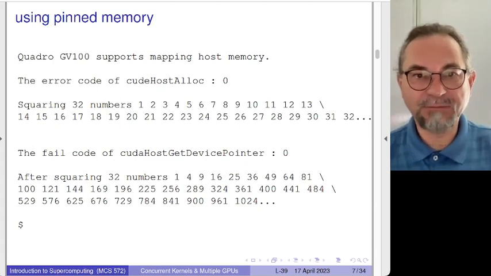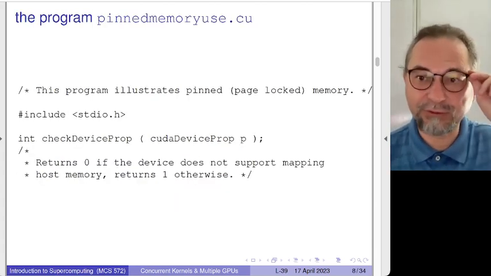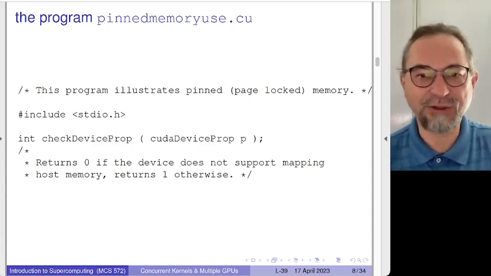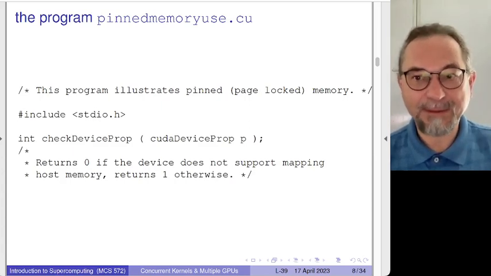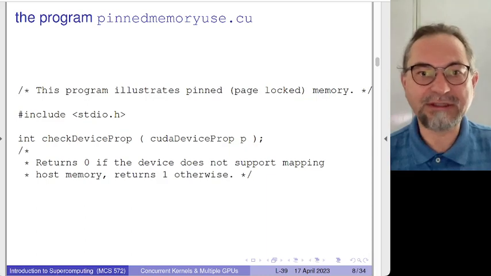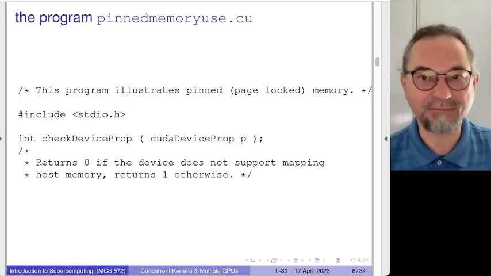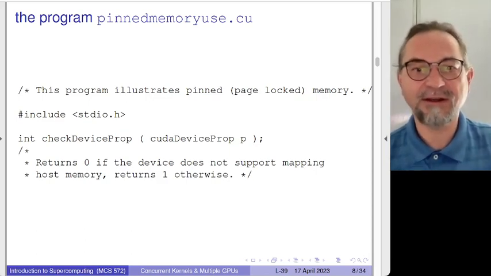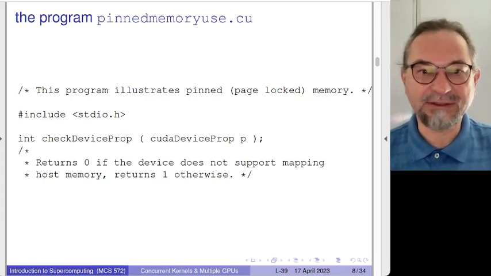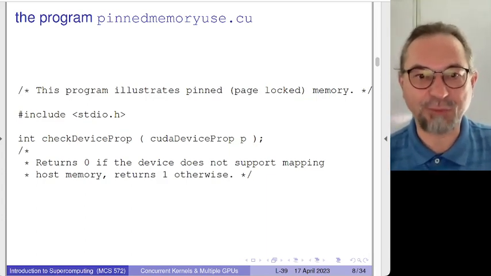Okay, so the first thing that we do is to check whether our device supports the pinned memory, and actually it does, because we've seen it on the device, on the memory band test. But how to actually check this as a programmer?